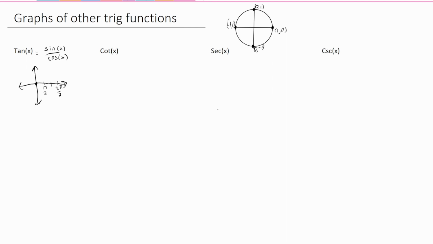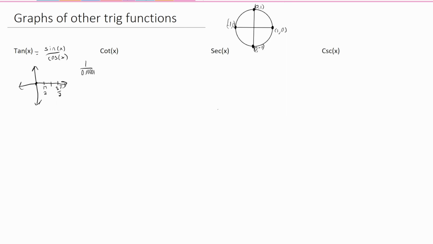But what's going to happen is as we approach pi over 2, our x value is going to get very, very, very small, and our y value is going to get close to 1. As we have a y value, so our numerator is 1, and our denominator is very, very, very, very small, we're going to get a very big number.